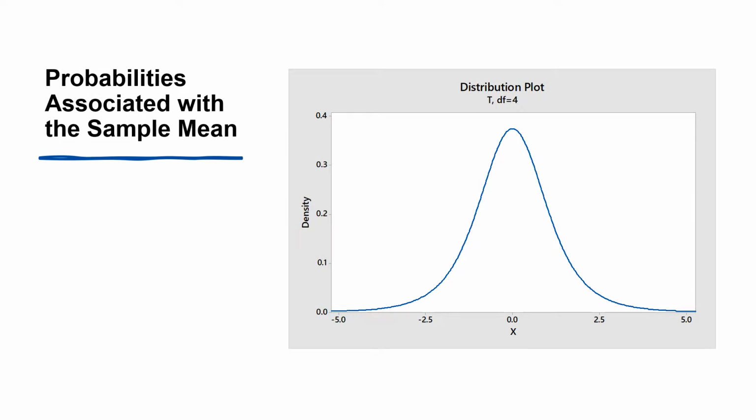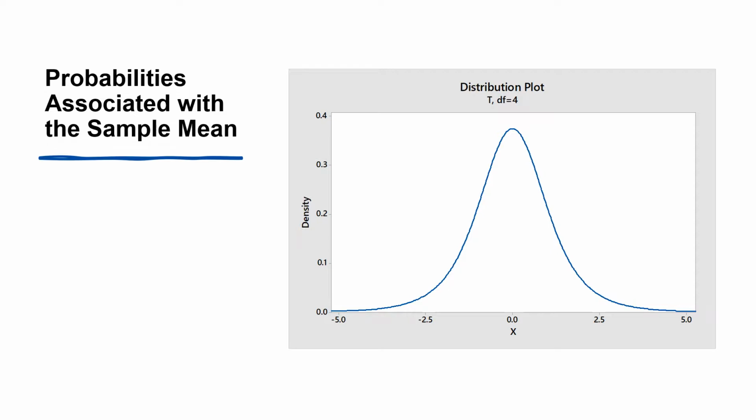We can use another distribution, the t-distribution, to compute the probabilities about the sample mean. The number of sample standard errors between the sample mean and the population mean follows a t-distribution.